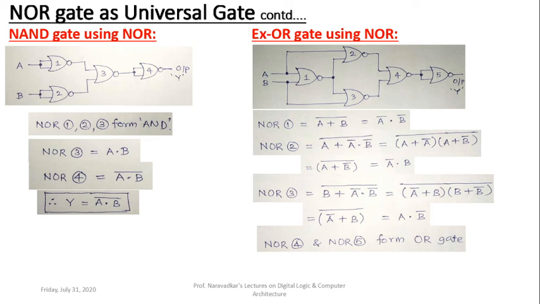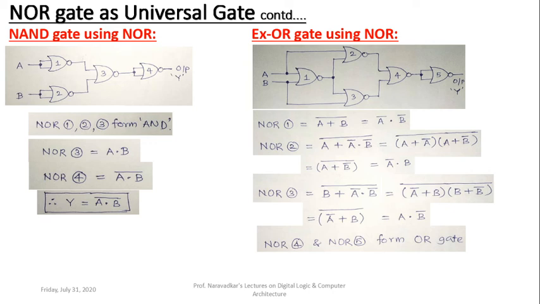Collectively, the last two NOR gates, 4 and 5, form one OR gate. The inputs for that OR gate are the output of the second NOR gate, A bar B, and the third NOR gate, A B bar. So straight away we can write here.